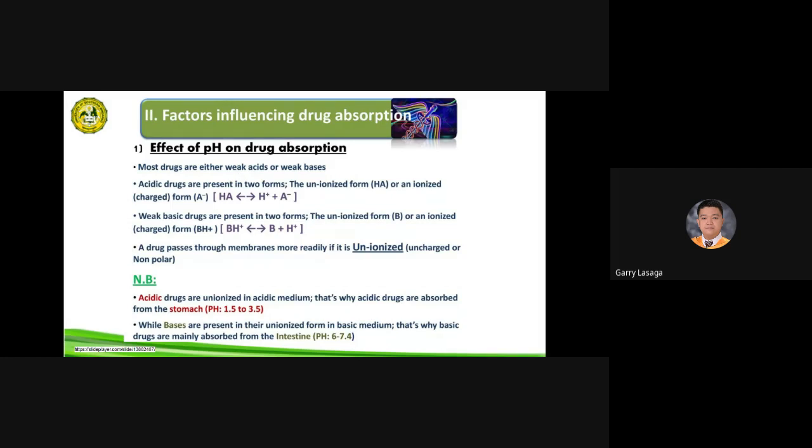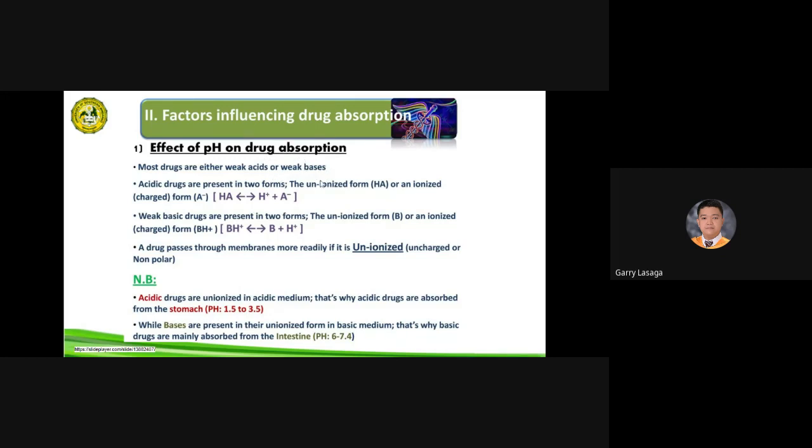When we say acid, an acid is a substance that is able to donate or give off hydrogen ions, or give off a proton. So hydrogen ion, or H plus, is a proton. For weak bases, these are substances that have the capability to take off or accept hydrogen ion.